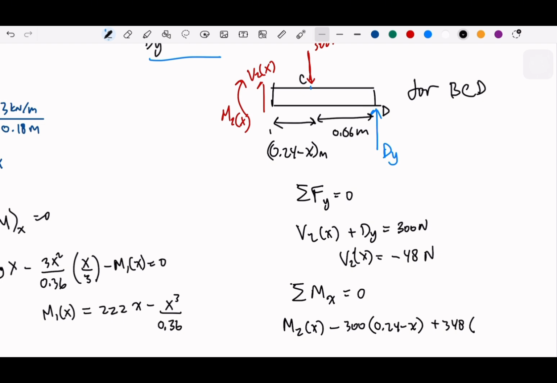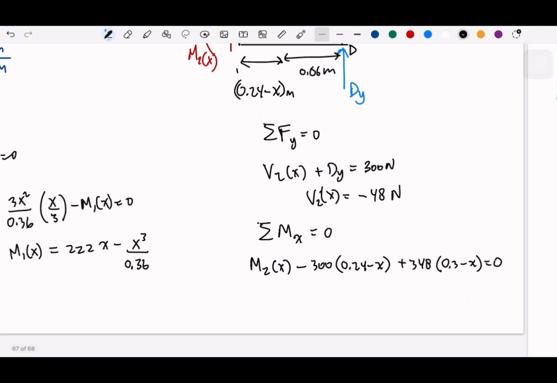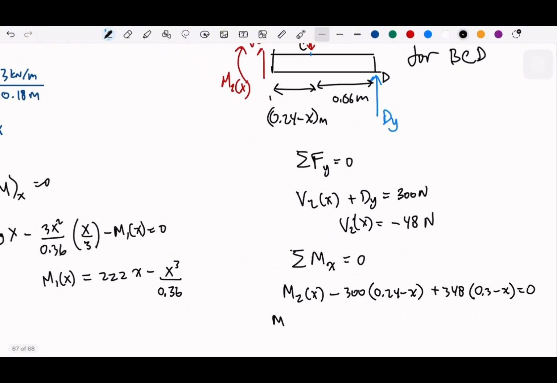And then this will be, we plus this and we get this will be 0.3 minus x. This is equal to 0, so M2 will be negative 48x plus 32.4.